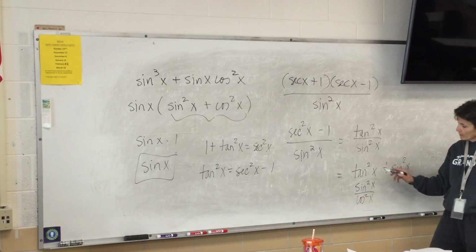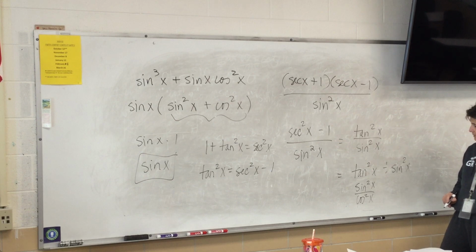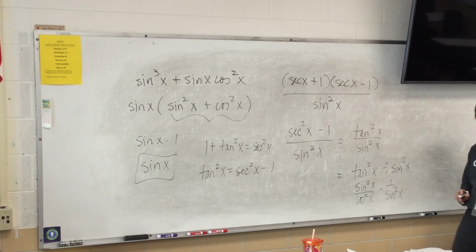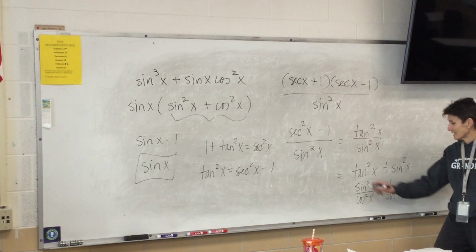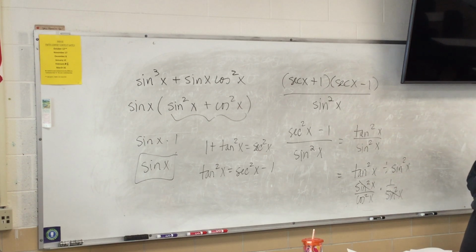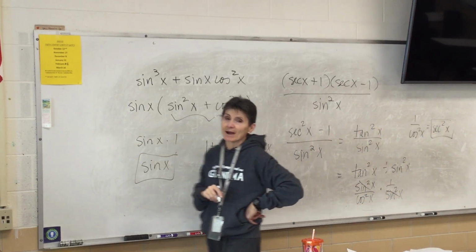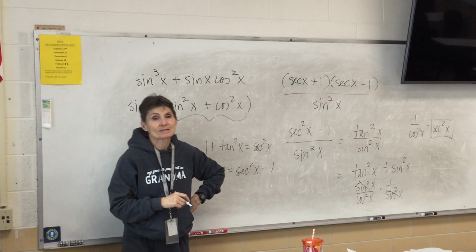So I have sine squared over cosine squared divided by sine squared, which is the same as multiplied by 1 over sine squared. Don't you love it when it all comes together? These cancel, and we're left with 1 over cosine squared, which is secant squared. So that mess simplifies down to secant squared.